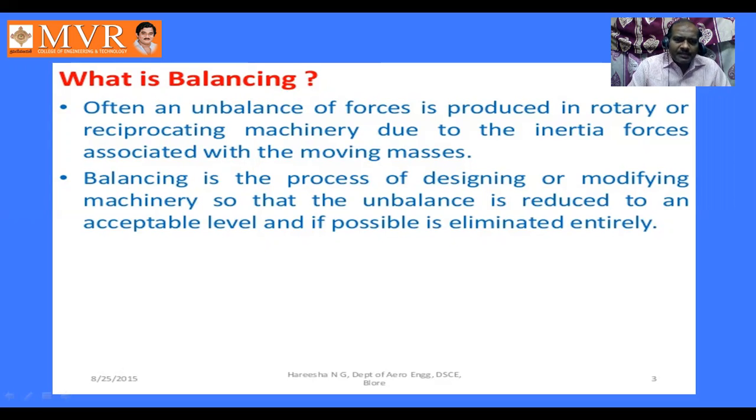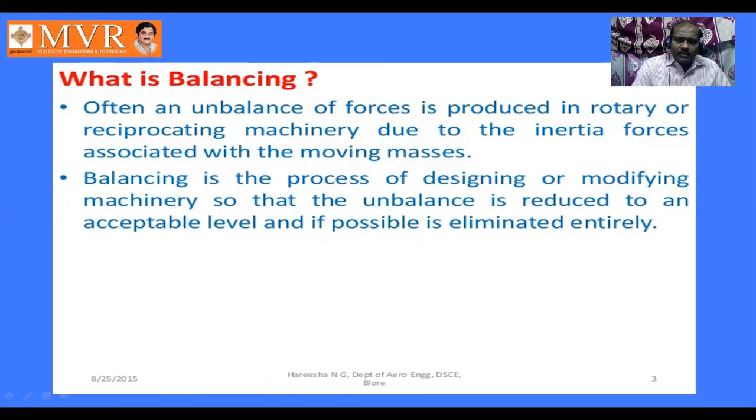What is the meaning here? To balance a system, we should modify the design if it is unbalanced. At the same time, to balance the system, we are designing or modifying the existing system so that we can eliminate the unwanted parameters present in the system, so that the functioning can be improved to a large extent.